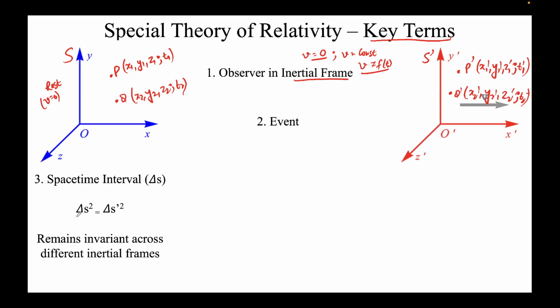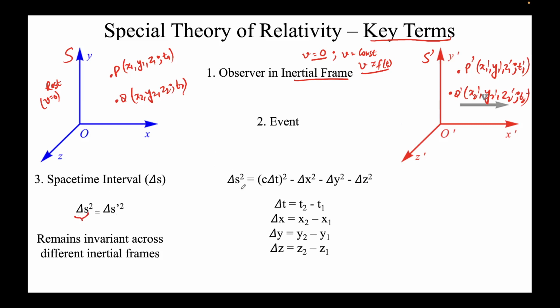So what is this entity? What is this mathematical entity delta S? This can be given by this formula. So this is called space-time interval. We call the first term the time interval, and we call this term the space interval. Note the space interval is very close to what we are used to seeing as the distance, right?